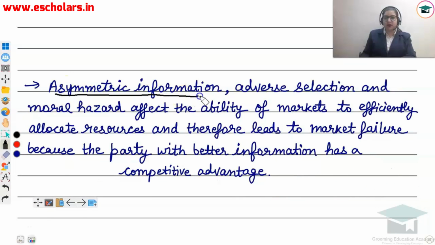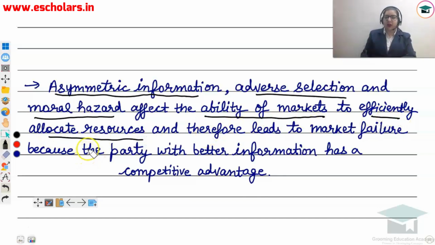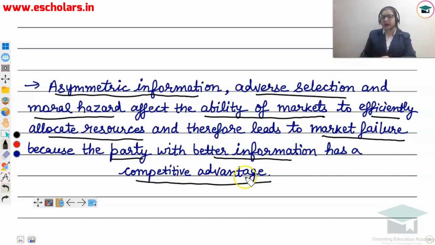So asymmetric information, adverse selection and moral hazard affect the ability of markets to efficiently allocate resources. Markets will fail to allocate the resources properly due to asymmetric information, adverse selection and moral hazard, and this will lead to market failure, because the party with better information has a competitive advantage over the party which has less information.